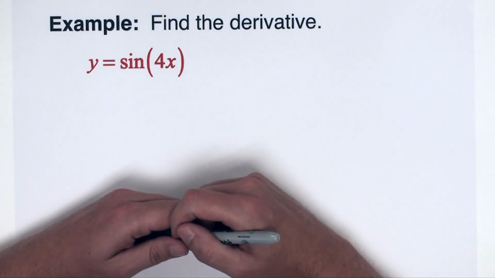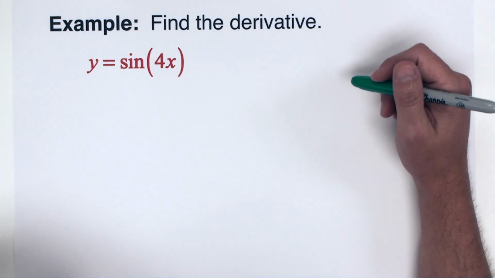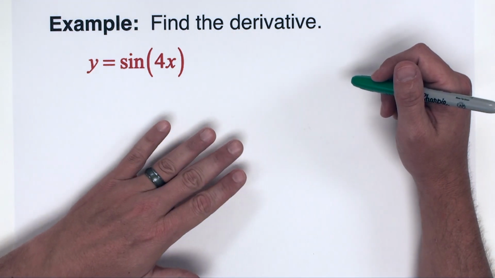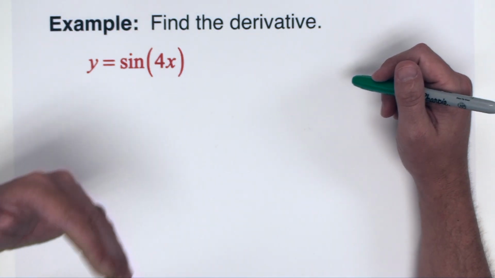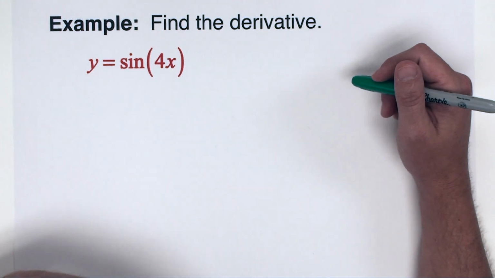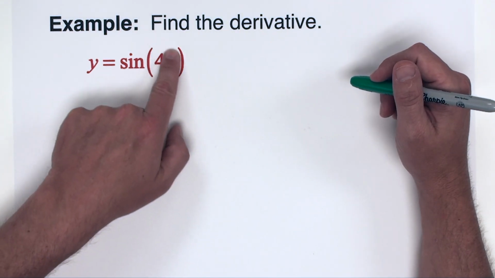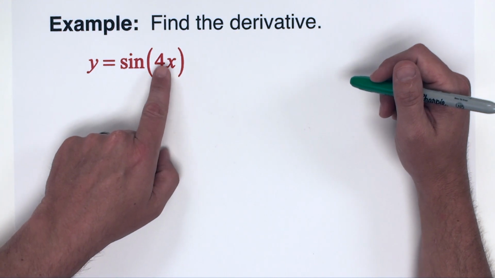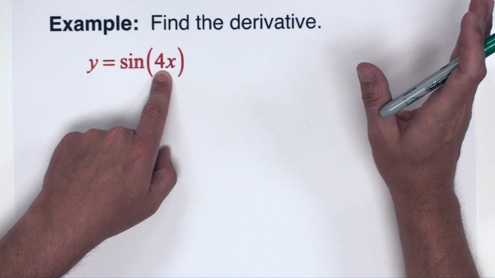Okay, the first problem, we want to find the derivative of y equals sine of 4x. Now, it's not very common that I'm going to ask you for derivatives of sine x or cosine x or tangent x. Generally, the x is going to be replaced with some other function. We're going to have something more complex here than just simply sine x.